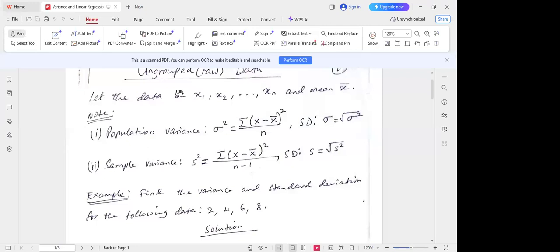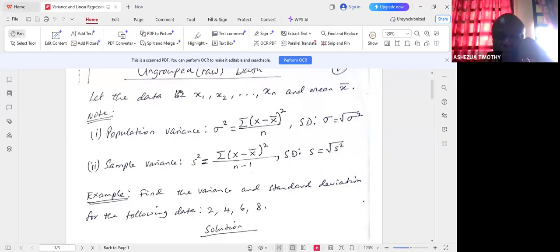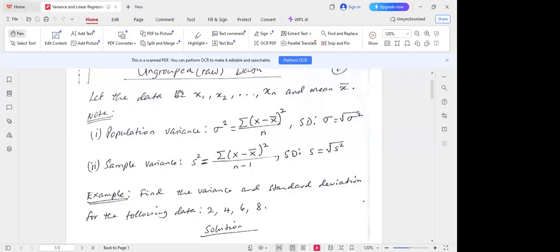Okay. Yes, I want to make a contribution. The contribution is this: the variance, which is S squared, or S to the power 2, is the summation of all of these things.